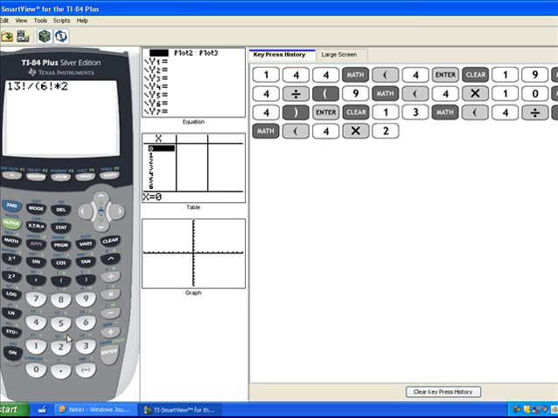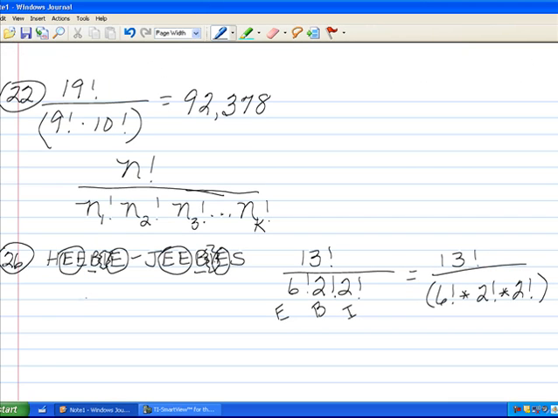Notice 2 factorial is 2 times 1, so that's actually 2. So I'm going to take kind of a shortcut here. 2 factorial again is just 2. And then press enter. Alright, I'm getting 2,162,160. Okay, so that's what we use in the event we have some items repeated.